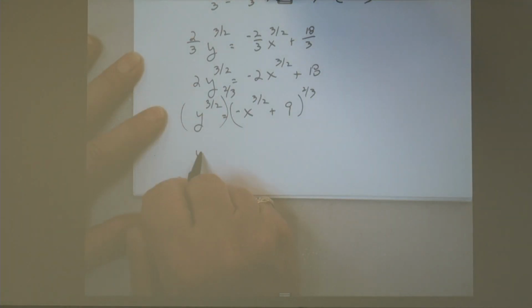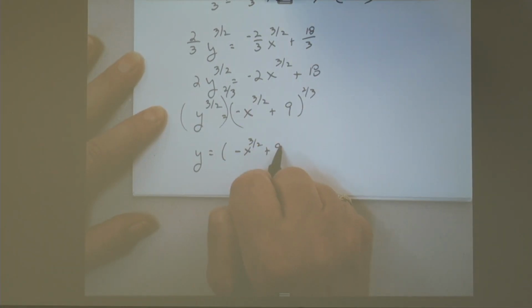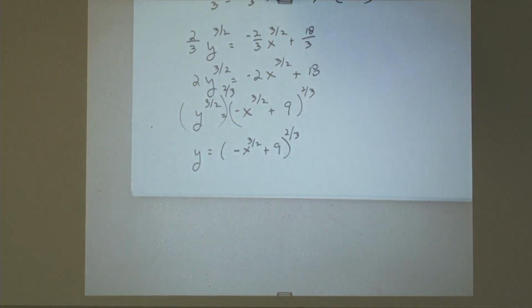And so y is finally isolated, and it's negative x to the 3/2 power plus 9, all to the 2/3 power. And that is a lot.